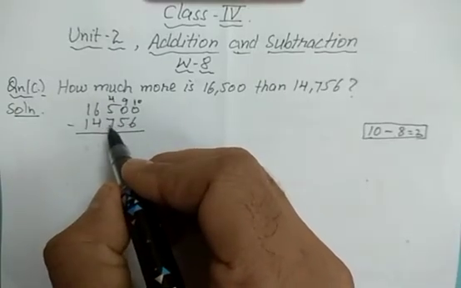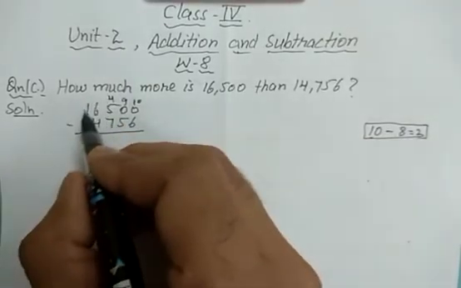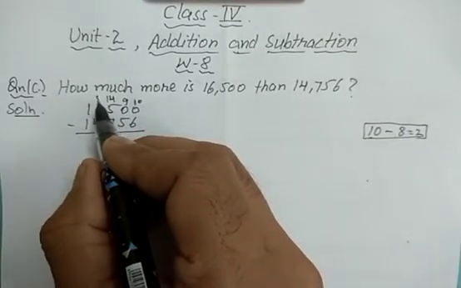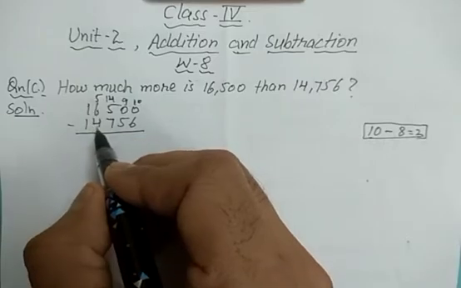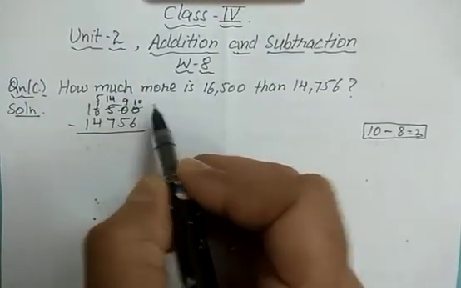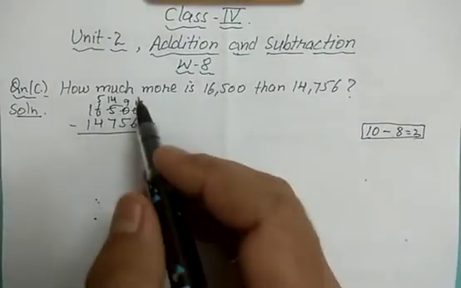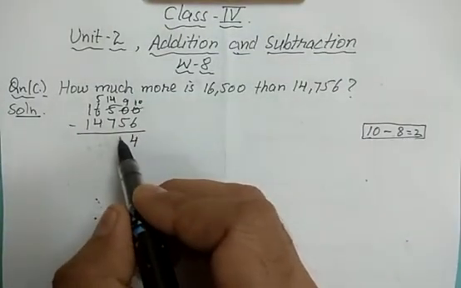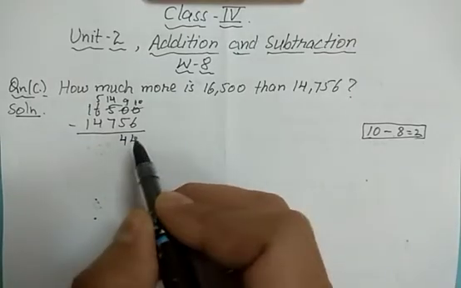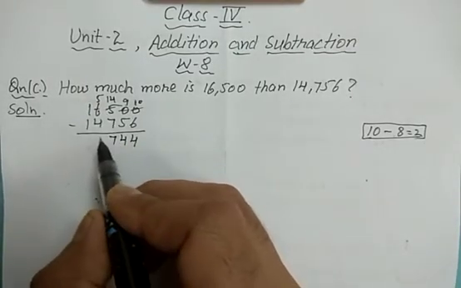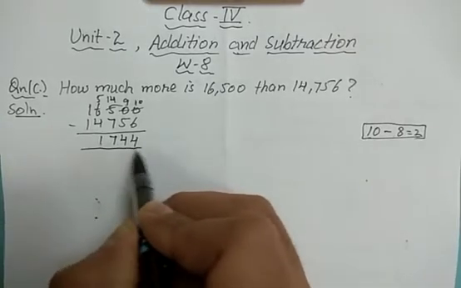Now 4 is smaller than 7, so we have to borrow again. It will become 14, and what is left over here is 5. Now 5 is greater than 4, it is fine. Now 10 minus 6 is 4, 9 minus 5 is again 4, 14 minus 7 is 7, and 5 minus 4 is 1.